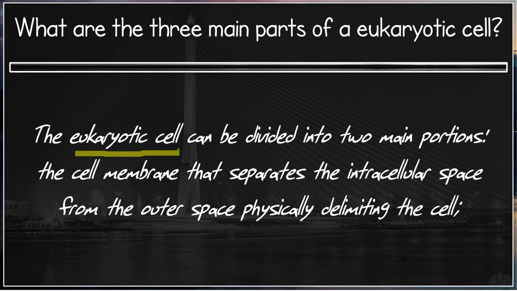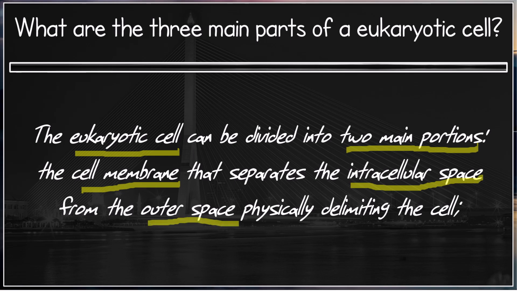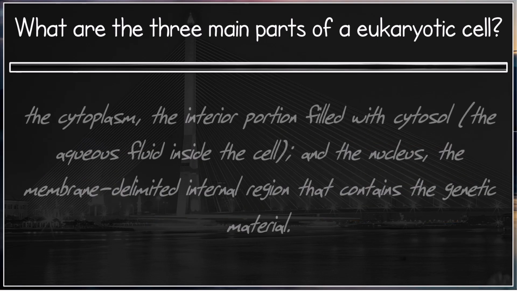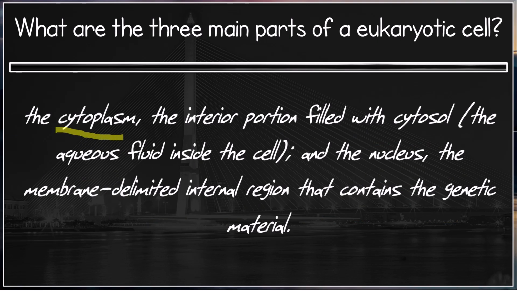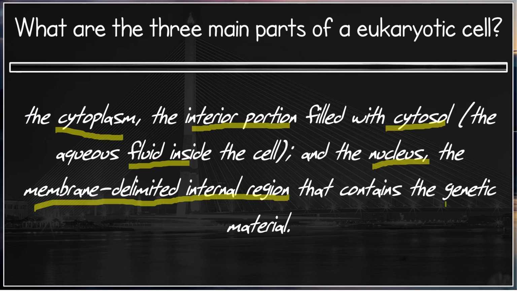The eukaryotic cell can be divided into main portions: the cell membrane that separates the intracellular space from the outer space, physically delimiting the cell; the cytoplasm, the interior portion filled with the cytosol, the aqueous fluid inside the cell; and the nucleus, the membrane-delimited internal region that contains the genetic material.